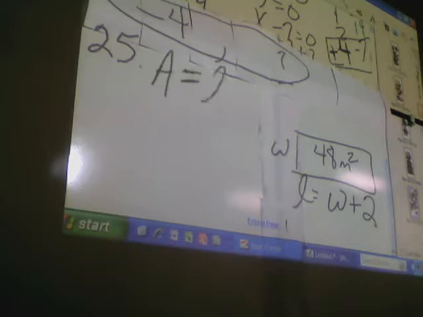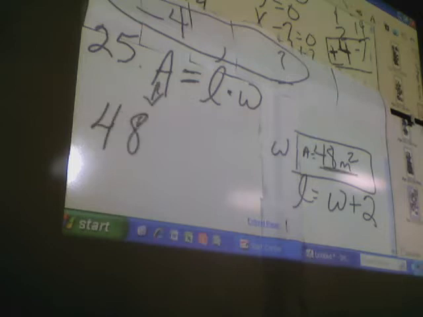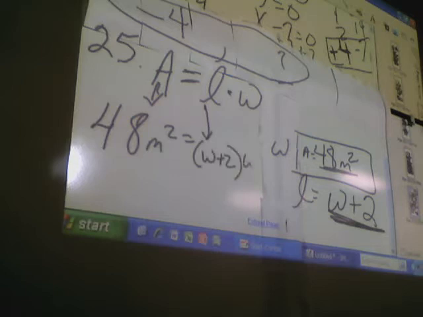L times W. Length times width. Right. The area is 48, right? Instead of A, we're going to write 48 square meters. The length, we're going to write W plus 2. The width, we'll just put W.